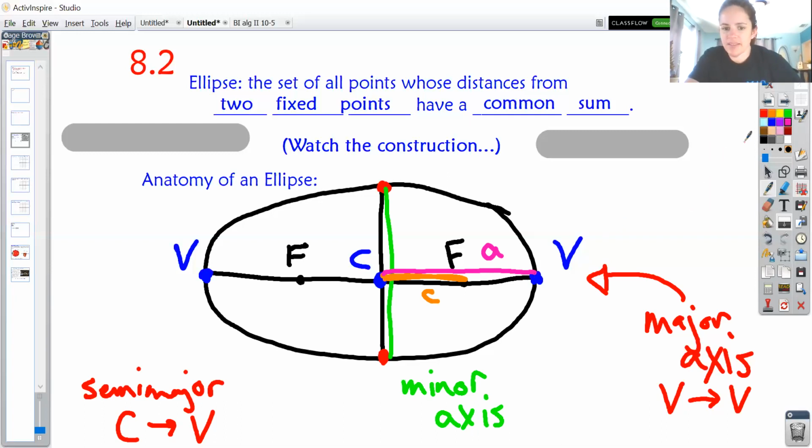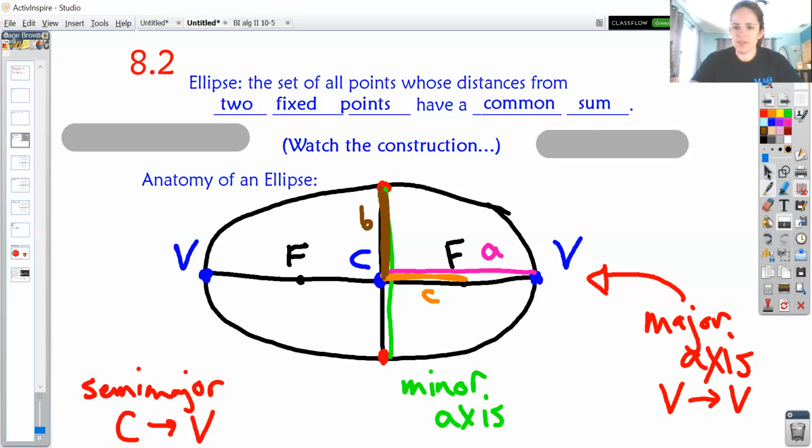And then the semi-minor axis distance here, we're going to label with a b. So the capital letters, the capital F, V, and C, those are points, but these lowercase a, b, and c are just lengths that we're going to use so that we can write the equation template for our ellipse.